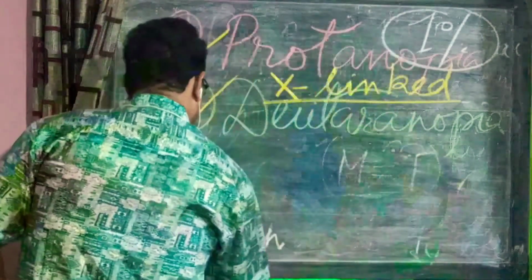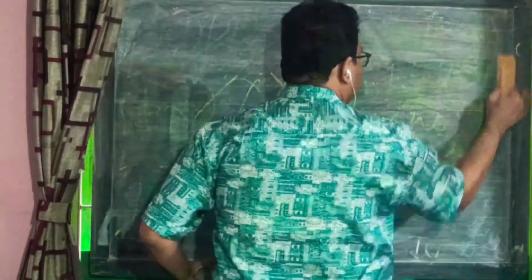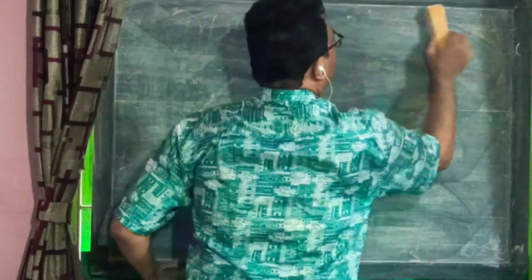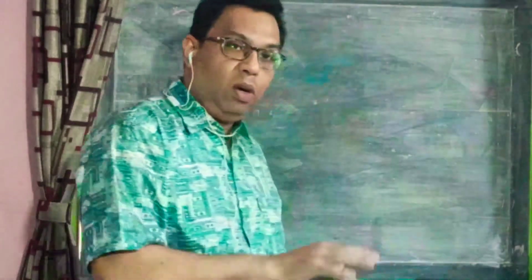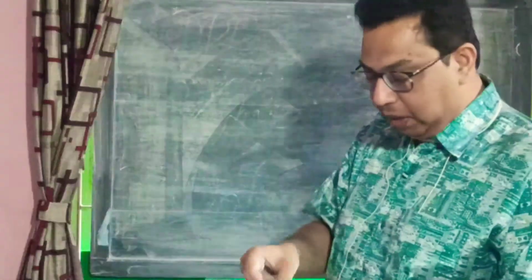Now let us talk about the relatively commoner variety of color blindness, whereby the photopigments are deficient. The photopigments are not the usual. There is some disorder in the photopigment. The cones are around, all the three cones, the cones contributing to red, the cones contributing to blue, the cones contributing to green are around, but the photopigment they contain might be deficient.